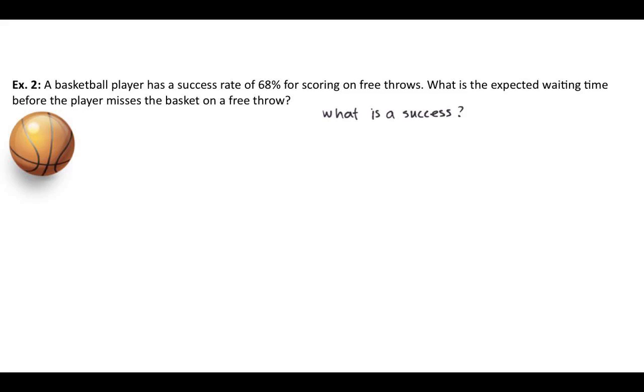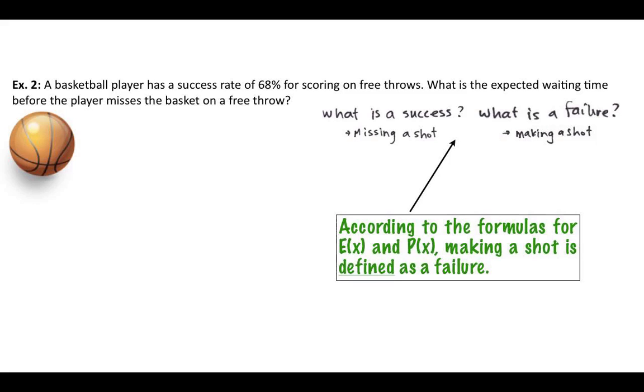So here, basically, we have to say, what is a success in this case, and what is a failure? Because in this case, what we, as the data managers, are waiting for is basically missing a shot. So that's what we're going to call a success. Making a shot then is a failure. So according to the formulas for E of X and P of X, making a shot is defined as a failure, because it's the thing we're counting and waiting for.